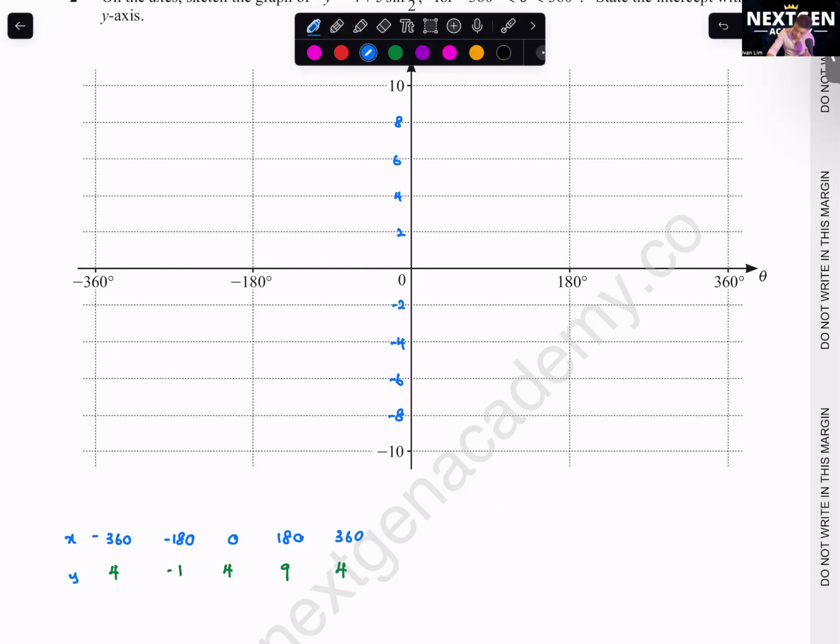Okay, first one, we've got 4, negative 1, 0 is back to 4, 180 is 9, 360 is 4. We should roughly know the general shape first. This is a sine graph, so you should get an S shape.